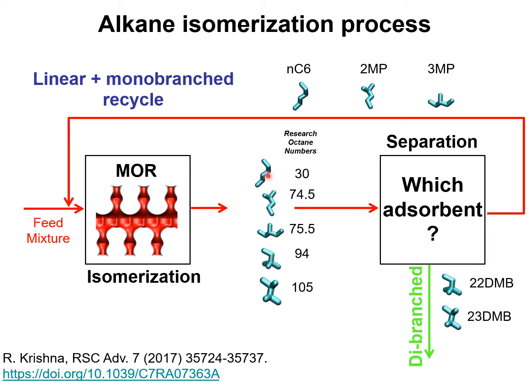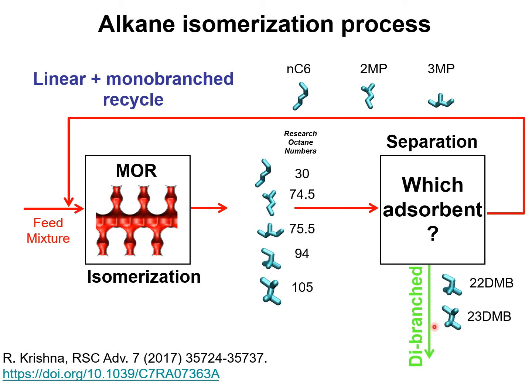Now, hexane isomers consist of normal hexane with an octane number of 30, 2-methylpentane with a research octane number of 74.5, 3-methylpentane with an octane number of 75.5, 2,2-dimethylbutane with an octane number of 94, and 2,3-dimethylbutane with an octane number of 105.